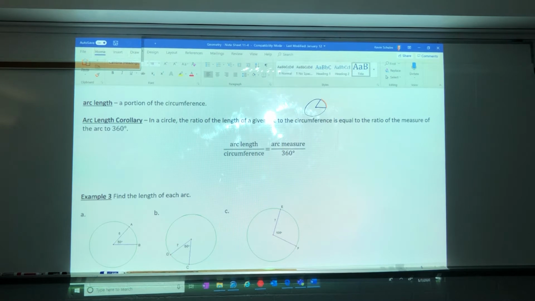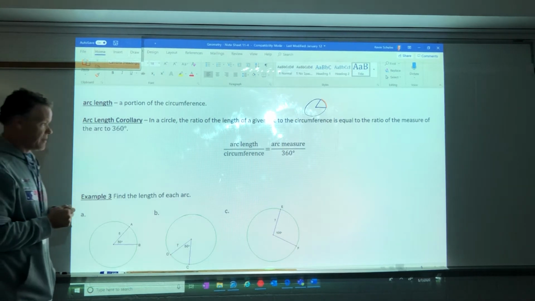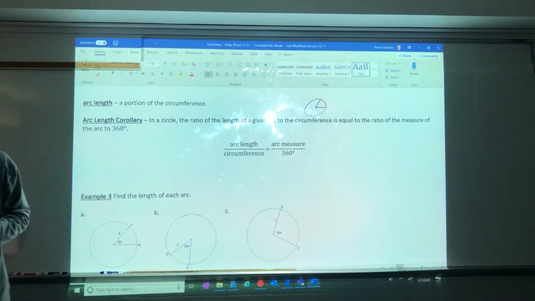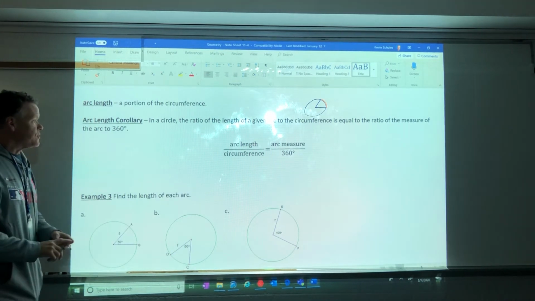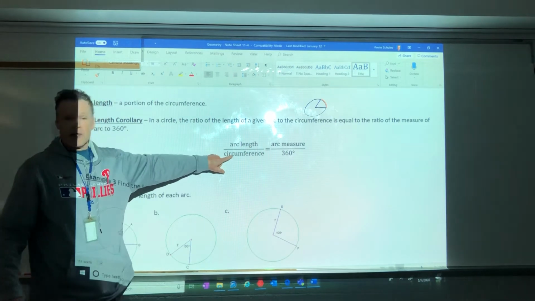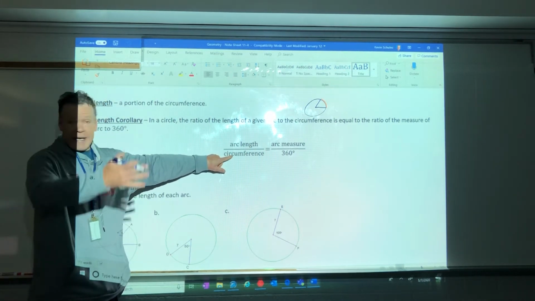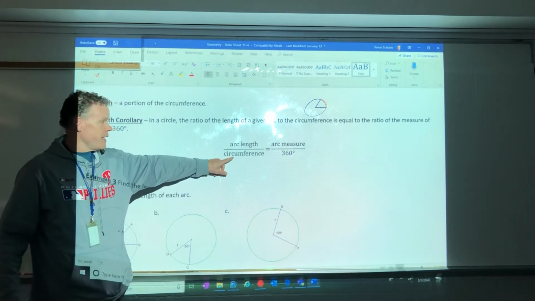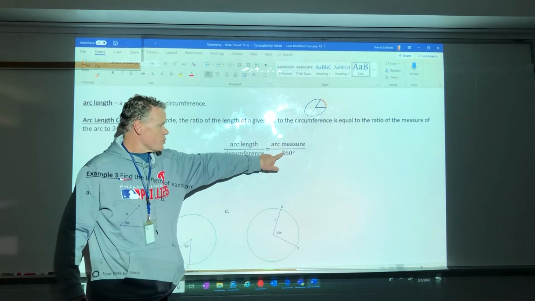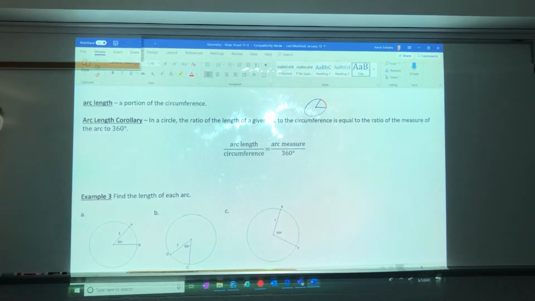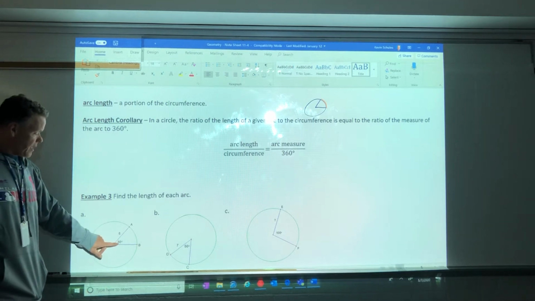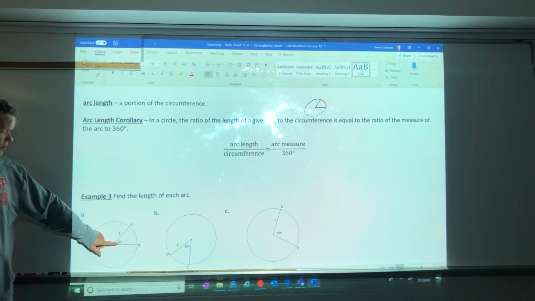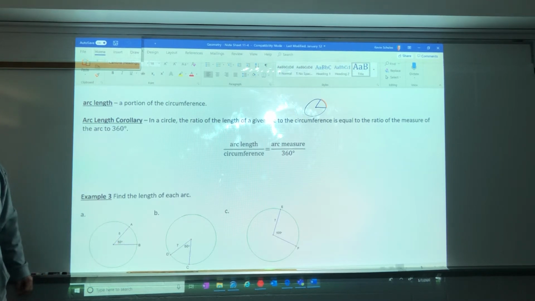And the way we're going to find our arc length is we're going to use a formula, okay? This formula is arc length over circumference, which we know how to get because we just did that, equals arc measure over 360, okay? So we know the arc measure; that's going to be the same as the central angle right here.